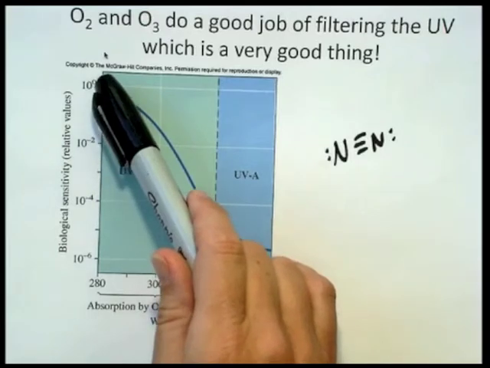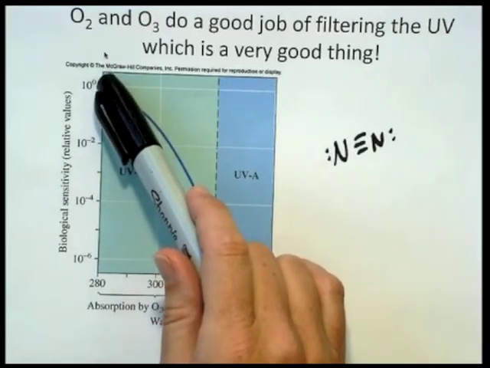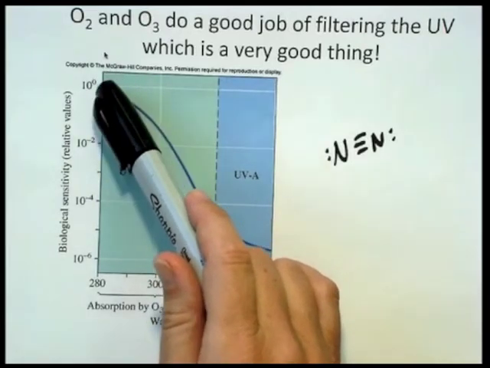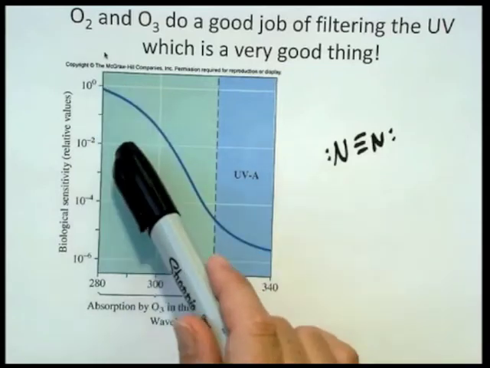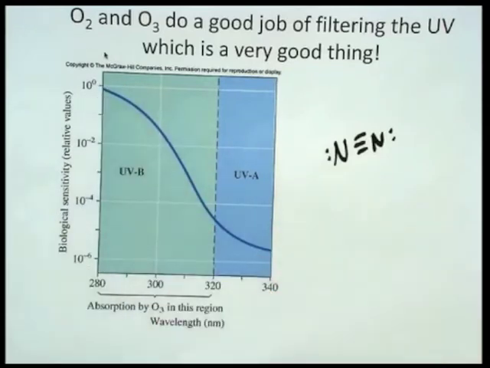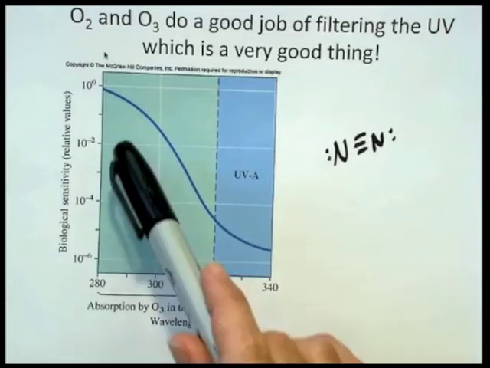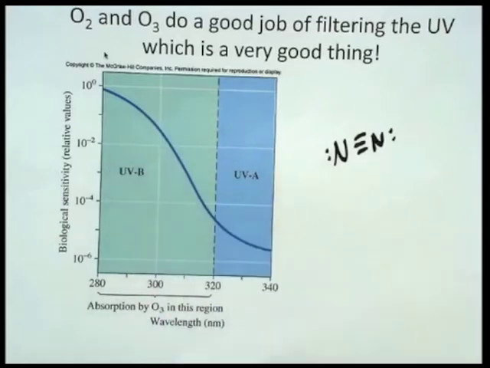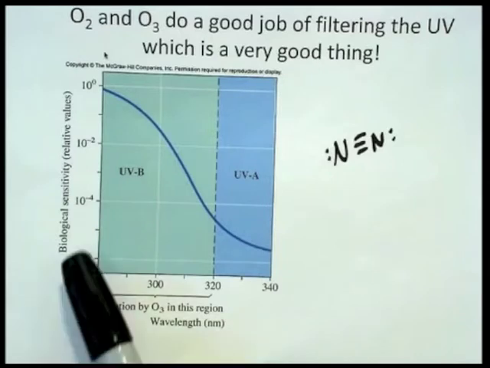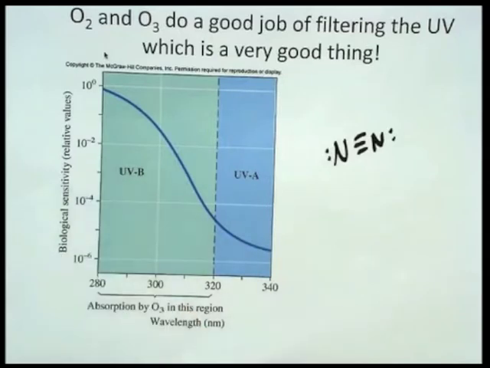So a lot more damage is done to DNA within the UVB region at the lower end of the spectrum around 280, and then it varies. And then down in the UVA, it does very little damage to DNA.